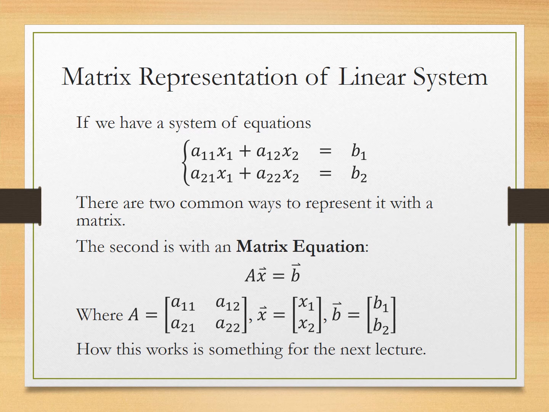How exactly this works is something we'll talk about in the next lecture, not in this lecture. These two ways of representing a system of linear equations have different purposes. You solve them in different ways. The first method, the augmented matrix, you will not see again beyond this course.